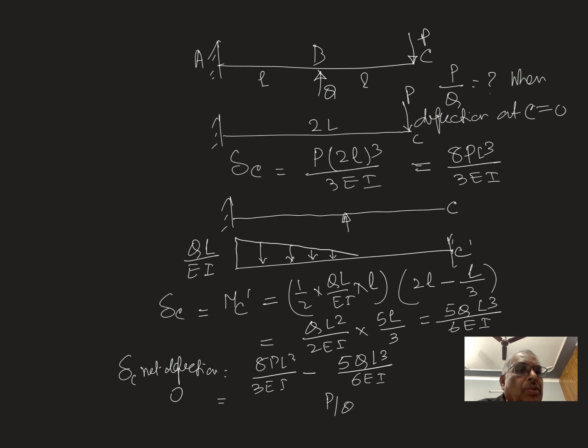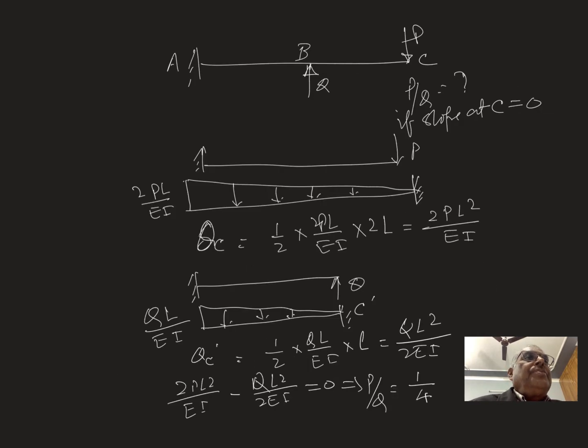Therefore, P by Q is equal to 5 by 16. L and Q cancel. So this way you can find the ratio of P by Q when deflection at C is 0, then the ratio of P by Q will be 5 by 16.